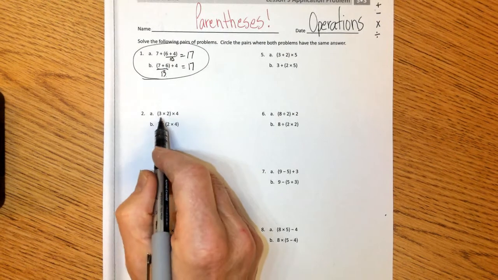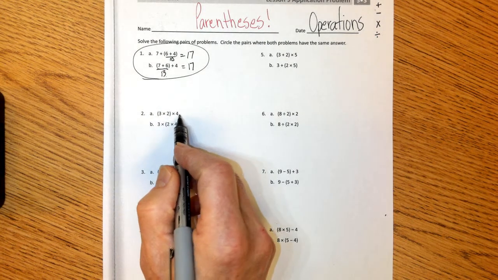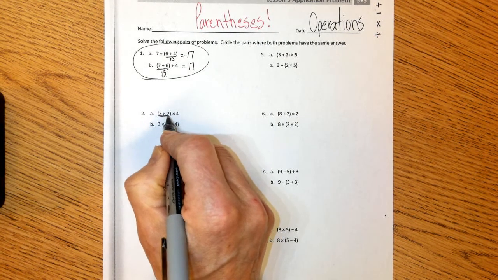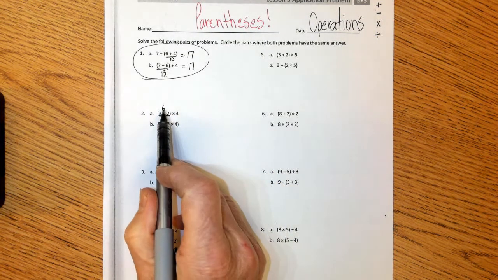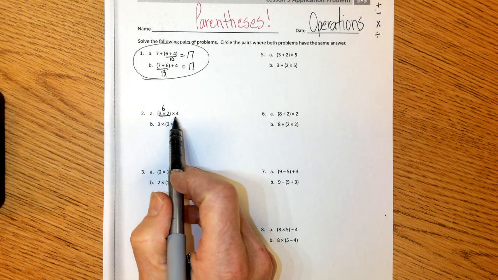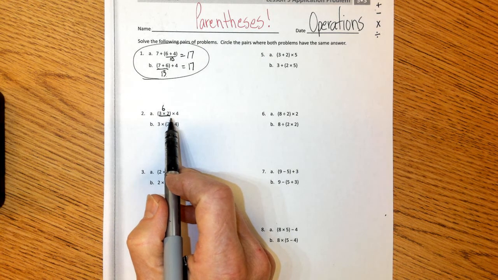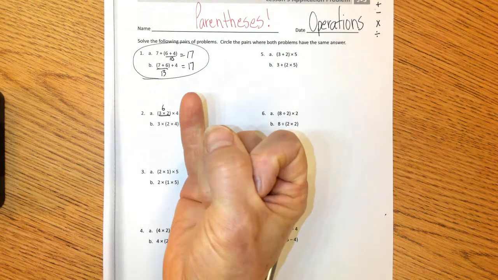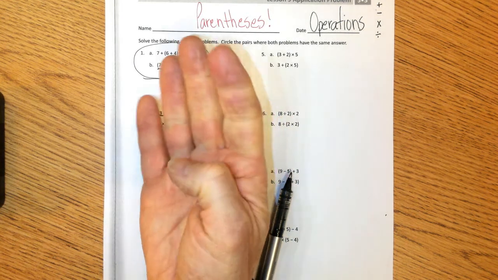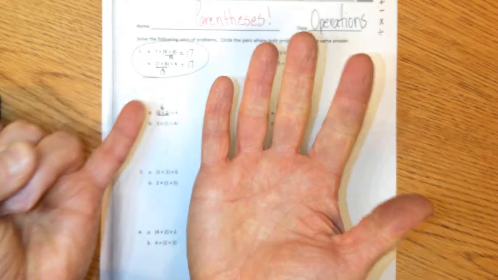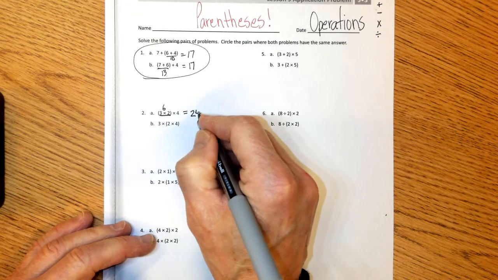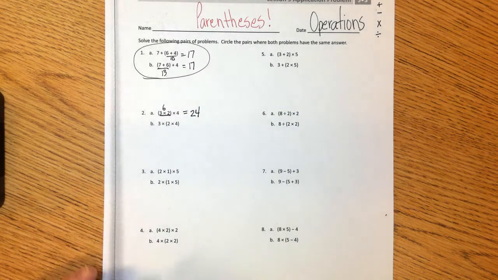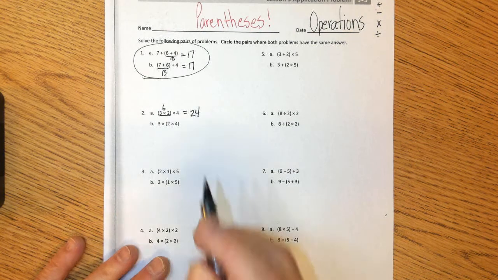Next one. 3 times 2 times 4. The 3 times 2 is in parentheses. 3 groups of 2 is 6. Then we have 6 times 4. 6 groups of 4. 4, 8, 12, 16, 20, 24. Now, you don't have to count with the fingers each time, but if you need to count on, that's one way to do it.